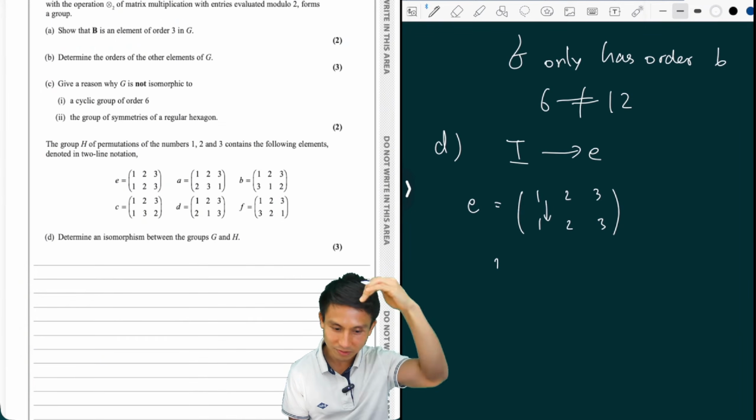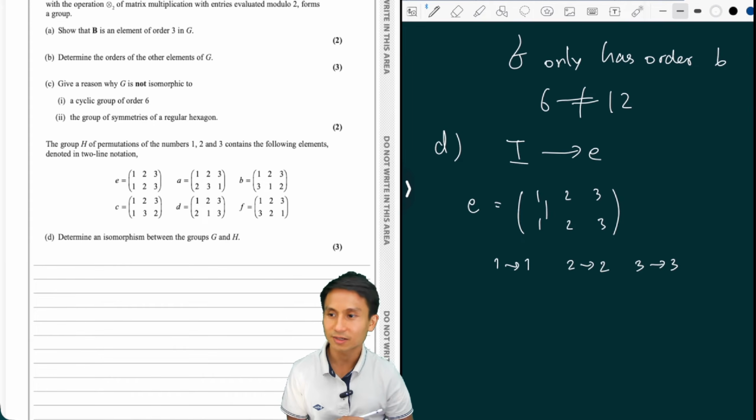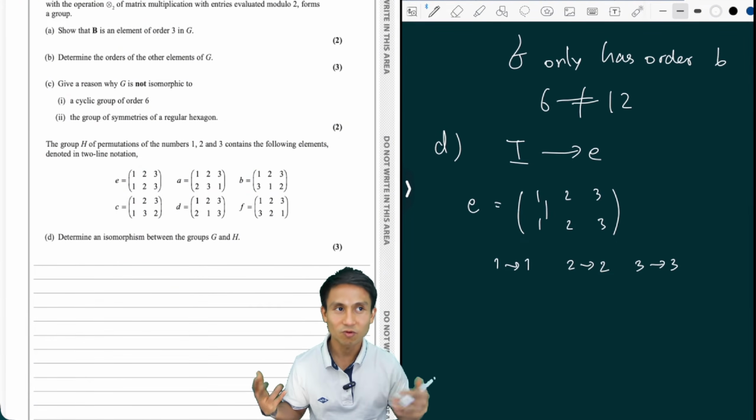Look from the top down here, you're going to go to number 1 next. If you start from number 2, you're going to go to number 2. If you start from number 3, you're going to go to number 3. So all of them bring them back to the same number.